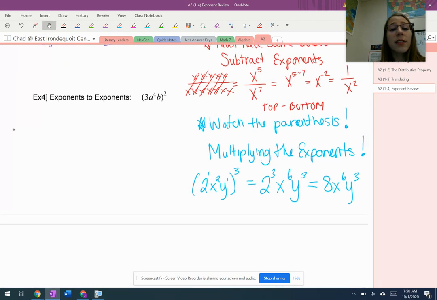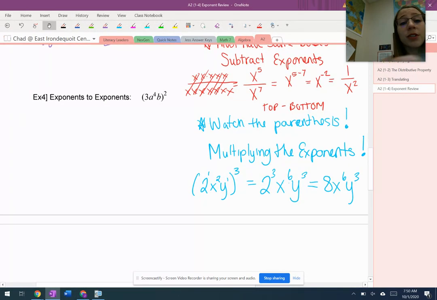So let's look at this final example here. Very similar to the one we just did over here. So I'm multiplying that 2 by all of the other exponents in my parentheses. That 3 has an exponent of 1 on it. 3 to the 1st power, a to the 4th, and b has an exponent of 1 right now. So when I multiply that 2, that's going to turn into 3 squared.